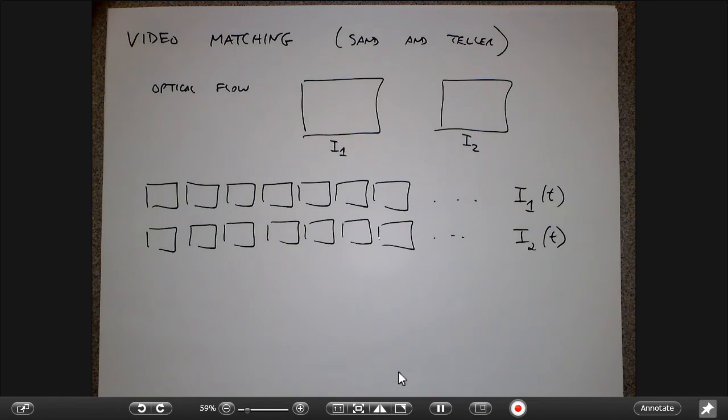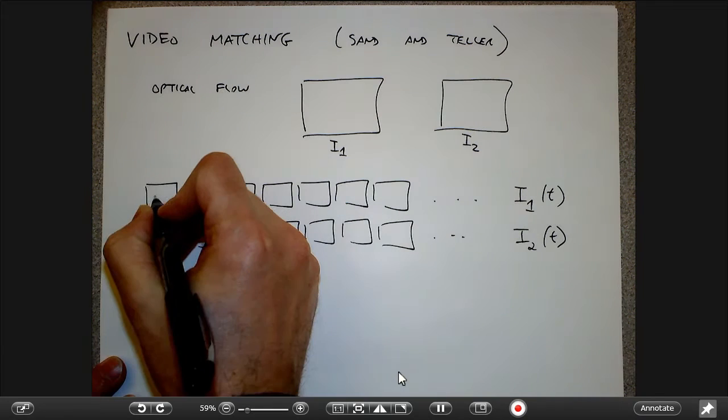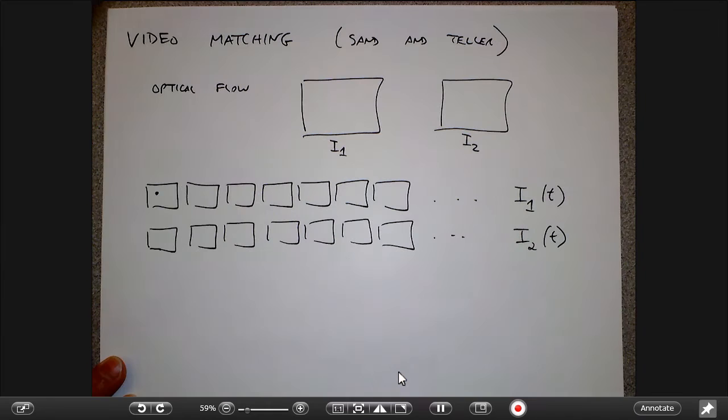We could generalize the concepts that we talked about for optical flow, basically saying that for every pixel in one of these images, we want to know where that pixel goes, not only in space, but in time, right?